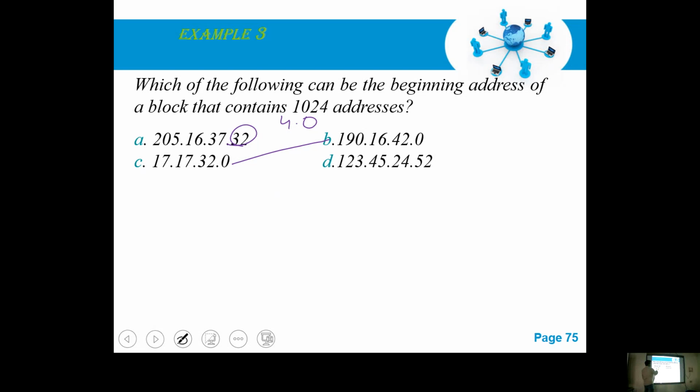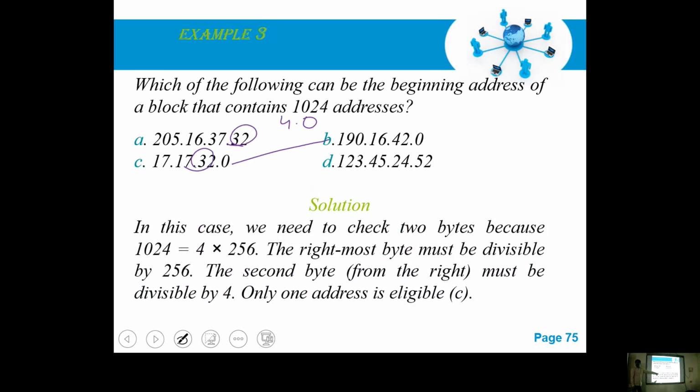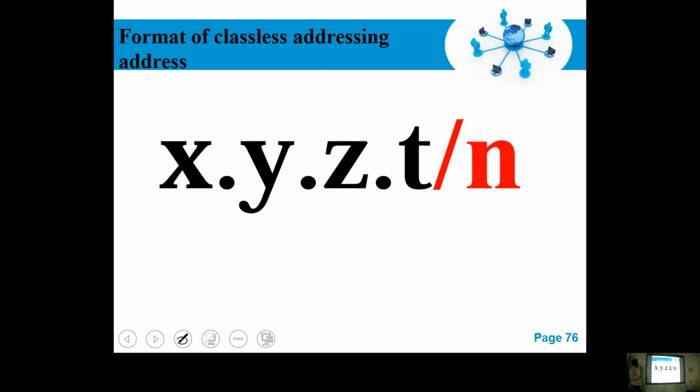Okay, so 32 I have. Right? Is it clear? That's what we are doing. 1024 is 4 into 256. So the last byte will have to be 0, and this side needs to be divisible by 4. Similarly, if I have 2048, I'll be having 8.0, and it should be divisible by 8. Okay, so like that we can consider.